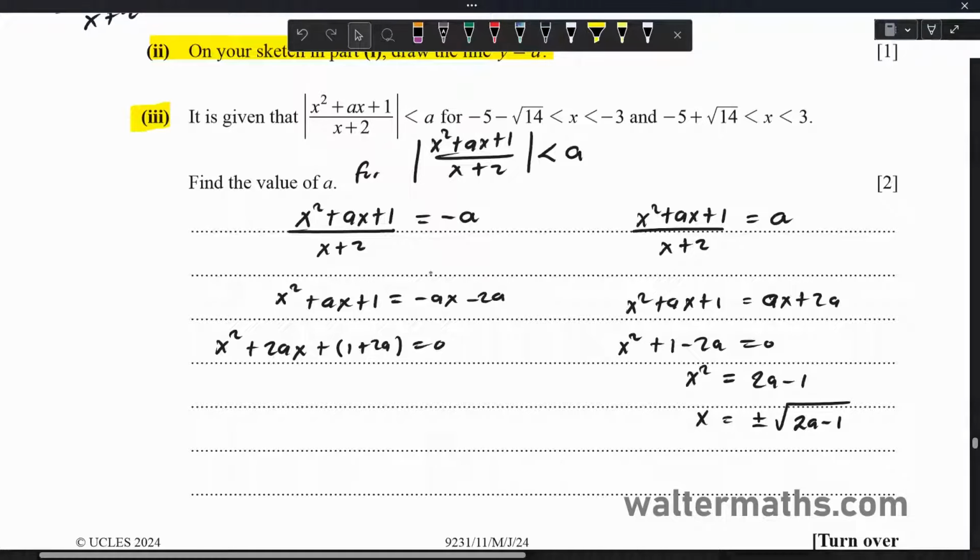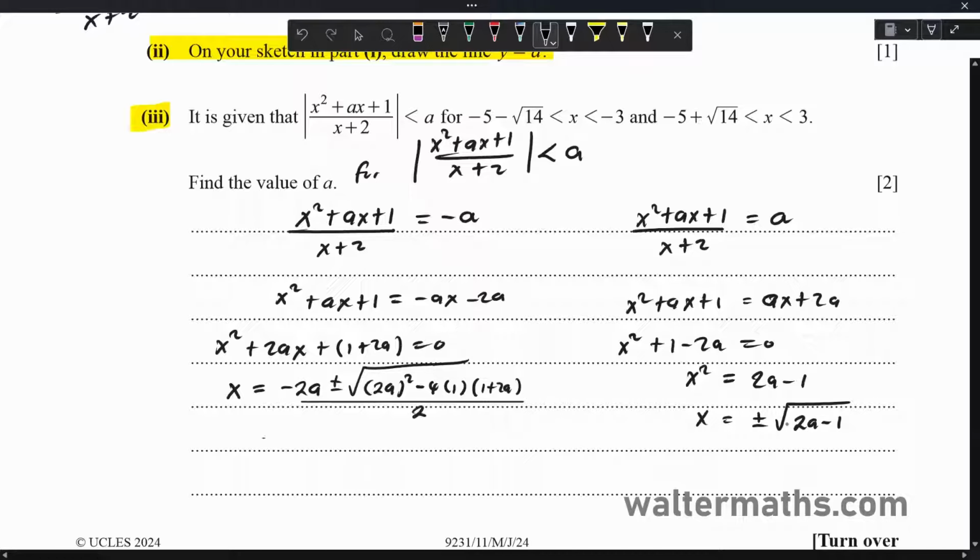All right. For the other one here, we have to use the quadratic formula: minus b plus or minus the square root of b squared minus 4ac, all over 2a. So that's minus 2a plus or minus the square root of 4a squared minus 8a minus 4, all over 2.